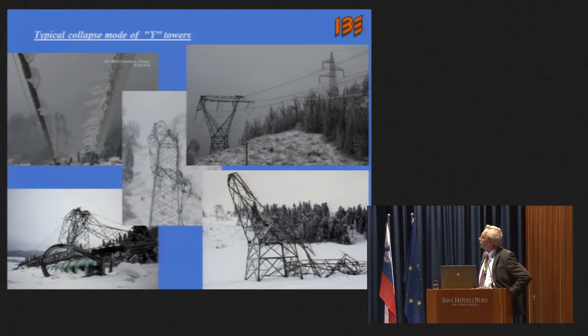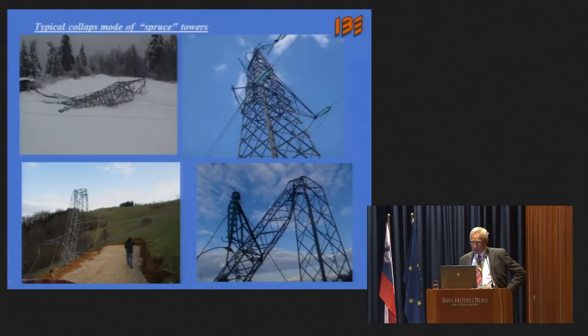Y towers fell down or were damaged, and the spruce, at the same condition, I would say, survived. This is some kind of lesson for structural engineers, how to find the right form of the towers too.